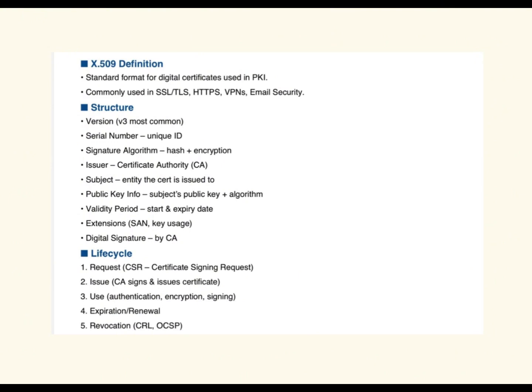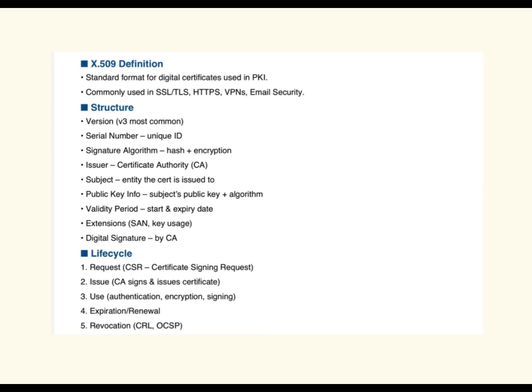Some other important certificate types for CISSP. Root certificate: the top-level certificate in PKI, issued by a trusted certificate authority, which signs intermediate certificates. These are the companies, the authorities, who issue trusted certificates.